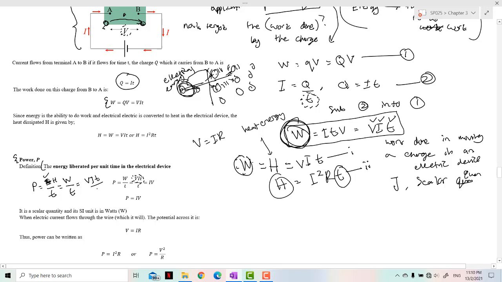VIT over T, which cancels out, so you get the equation you liked using in school days: power equals current times the potential in an electrical device.